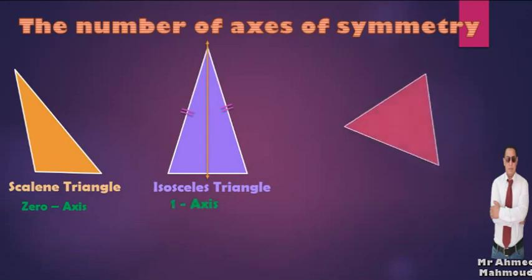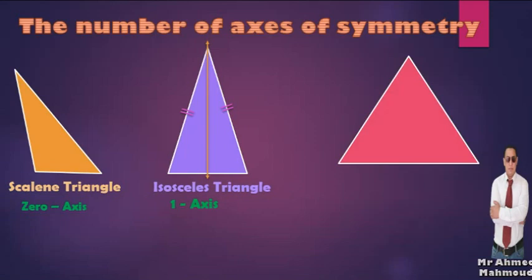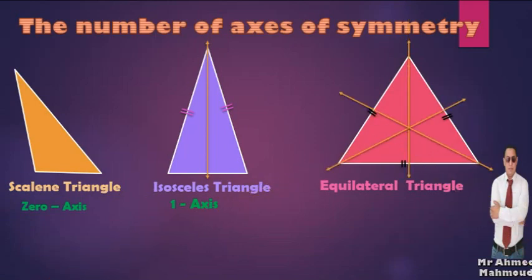But if we have an equilateral triangle like this, then I can draw 3 axes of symmetry like this. This is the first, the second, the third, and all of them intersect at one point.